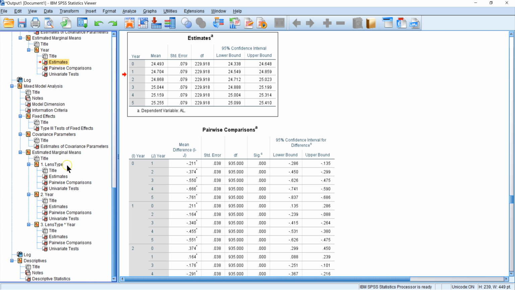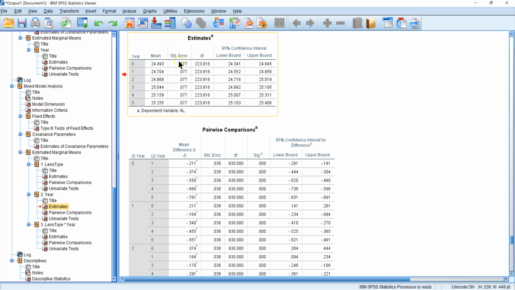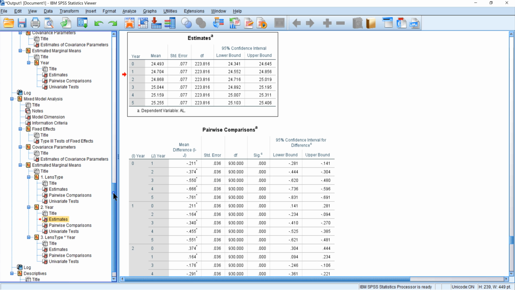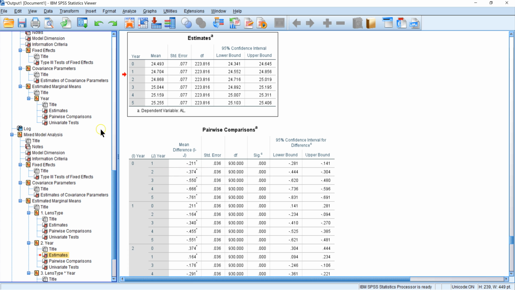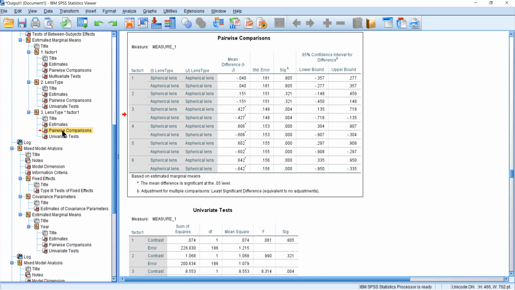Whoops, we want to come down here to the estimates. 0.077, all the same. 0.036. Now, 0.036 is the standard error there for the general linear model. When we're comparing the lens type, it's 0.161.